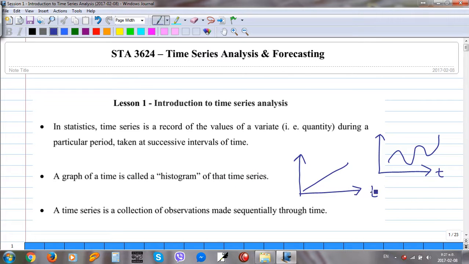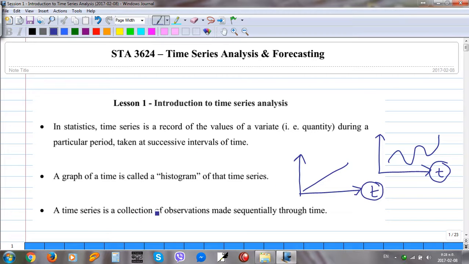We have to plot a graph over time, and then it is named the histogram of the time series. That is different from the histogram you learned earlier. So, understood what is the meaning of a histogram: a graph over time in a time series.